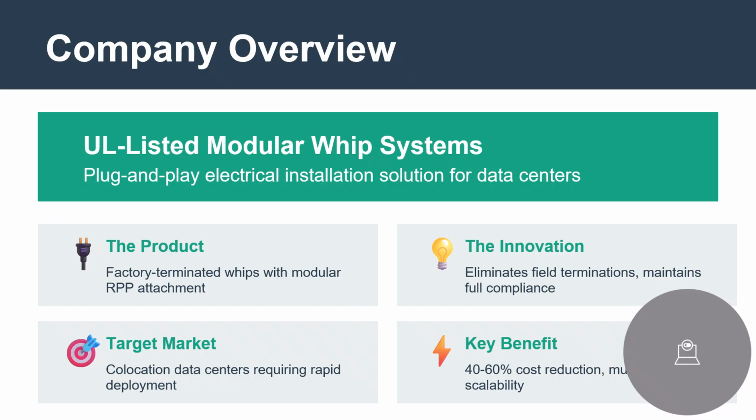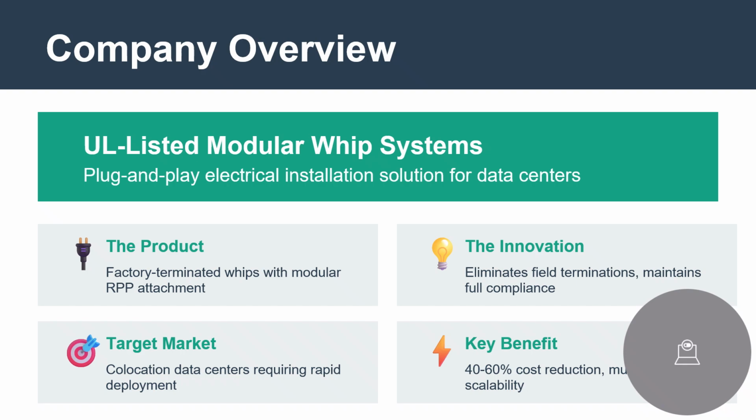Our initial target market is co-location data centers. These are facilities that rent space to multiple customers and need to deploy infrastructure quickly and cost effectively. They're perfect early adopters because they value rapid deployment and operate multiple facilities where our standardization really pays off.